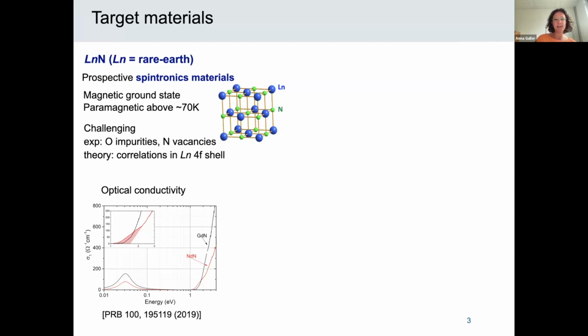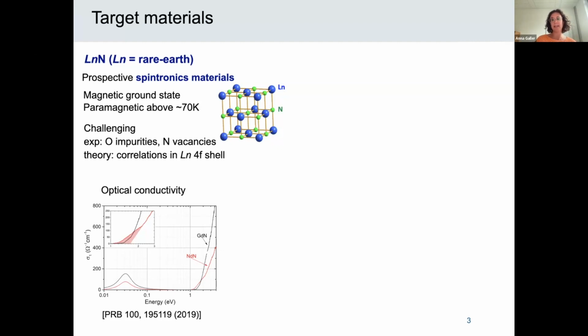And these materials, they are challenging to treat in experiment and in theory. In experiment, it's mainly because of defects like oxygen impurities or nitrogen vacancies. So the nitrogen vacancies introduce in-gap levels in the materials, which are difficult to distinguish from localized f bands in the experiments.